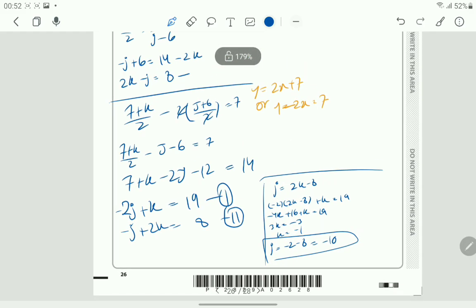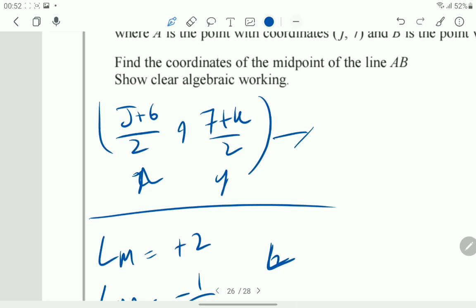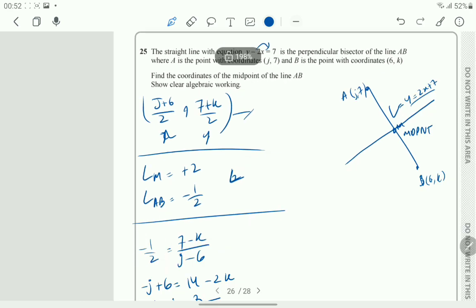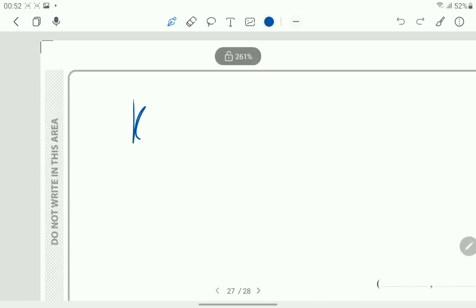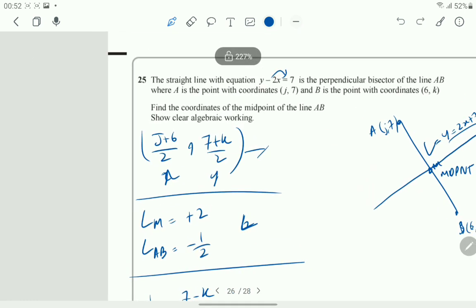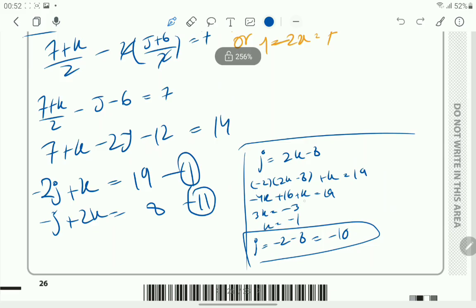Now simply putting it in our midpoints, let's carry it on to the next page. k is minus 1, j is minus 10, if I'm not mistaken. Yep.